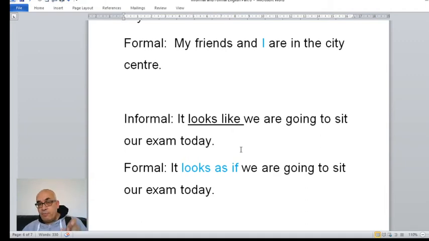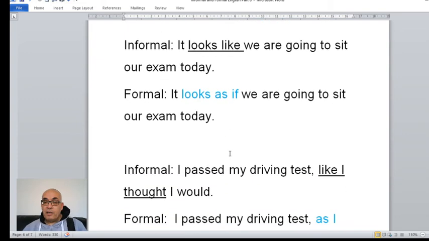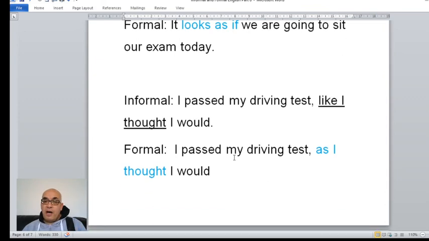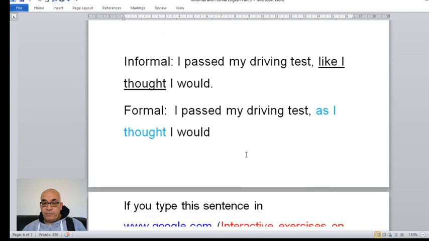And as you can see, I put all the formal answers in blue for you in this video and in all videos on formal and informal English. I passed my driving test like I thought I would. So like I thought is informal. I passed my driving test as I thought I would. So as I thought is formal.